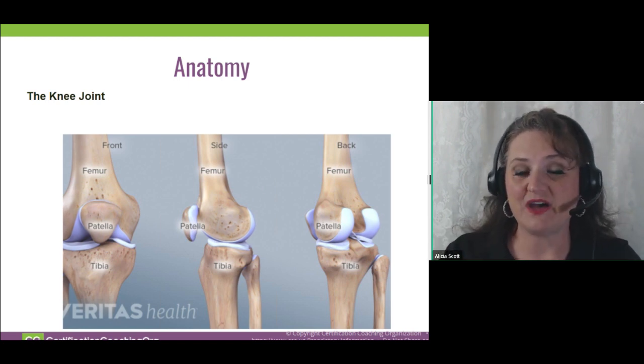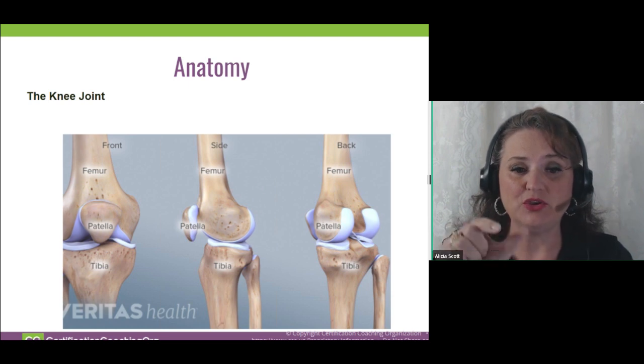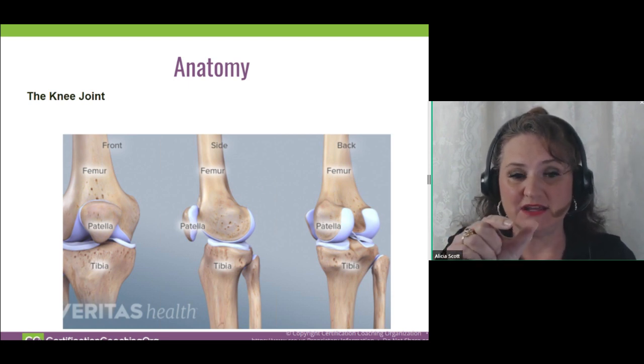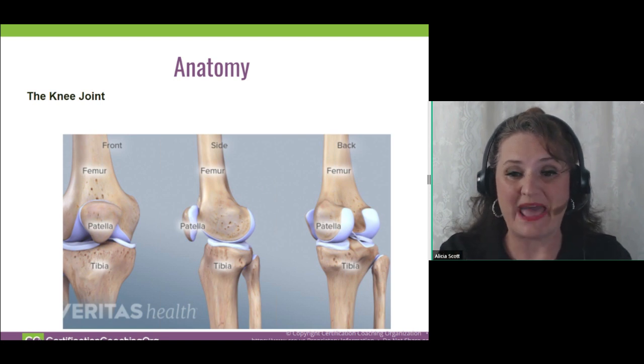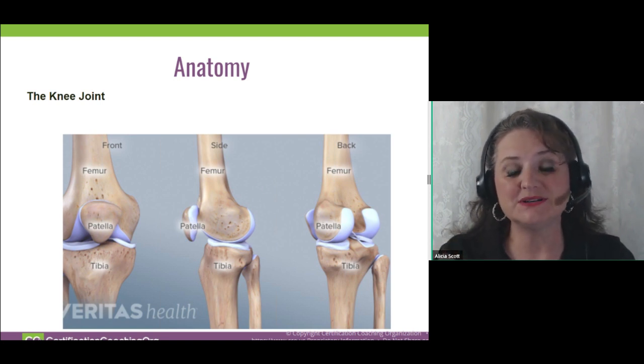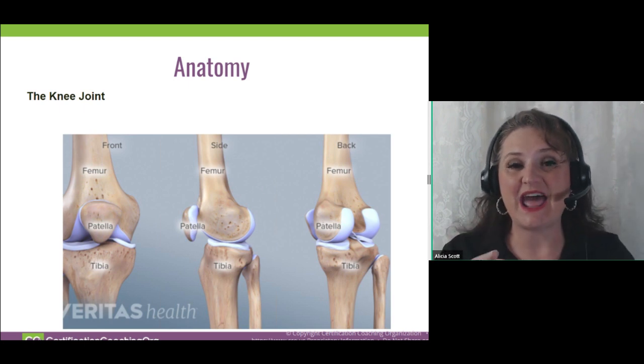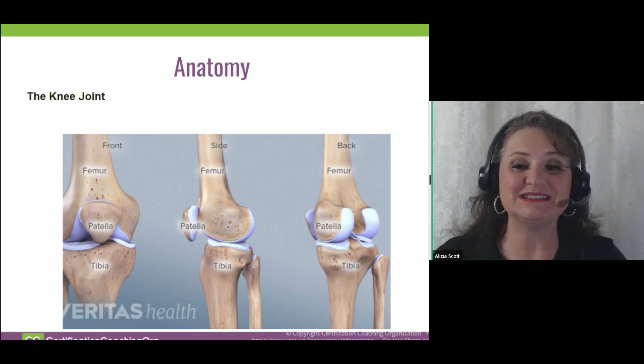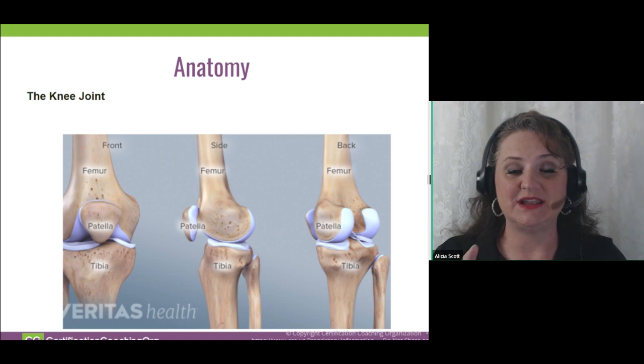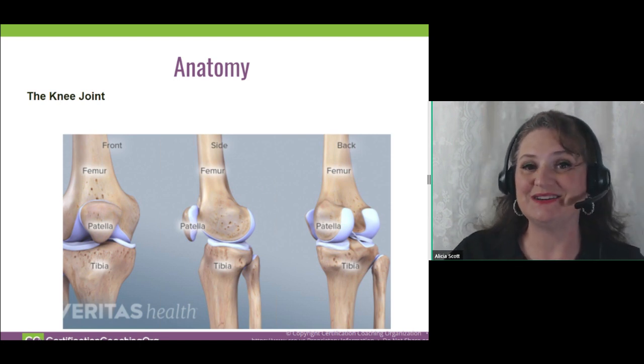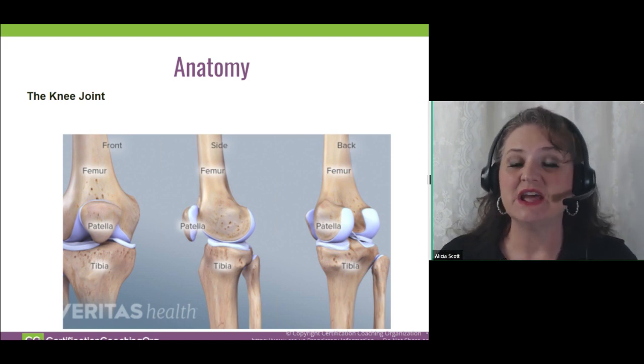I do have other pictures that you can see how that is side by side, where we have a front view, a side view, and a back view. Very important to understand the anatomy and where everything lays in a joint. Now, I'm not going to go into more detail here because I do have other graphics.